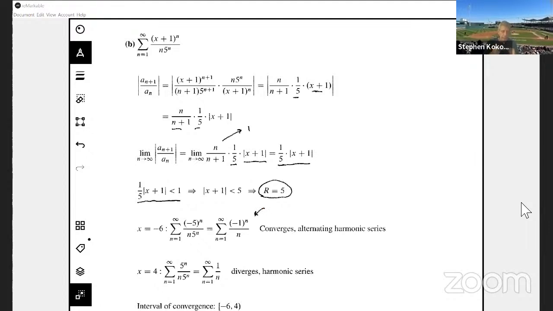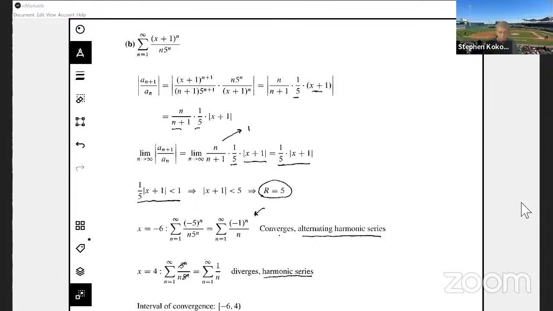I think the 5 to the n's cancel, and I'm left with a -1 to the n in the numerator. And again, I believe that this would be perfectly acceptable for a student to write. It converges because it's the alternating harmonic series. That would be okay. I'm going to plug in x equal 4. And when I do that, let's see, the 5 to the n's cancel, and I'm left with, son of a gun, the harmonic series, which we know diverges.